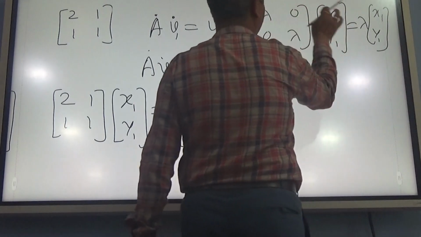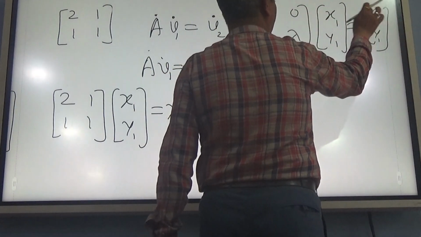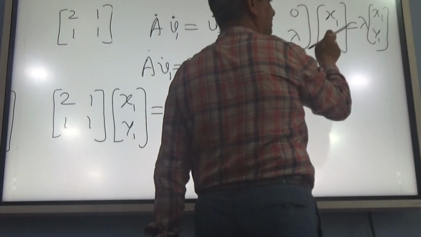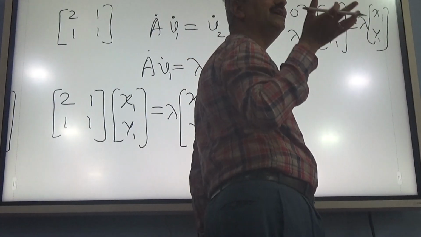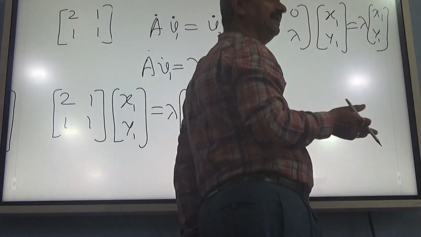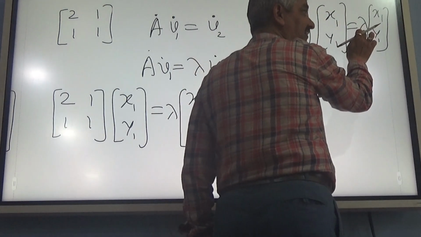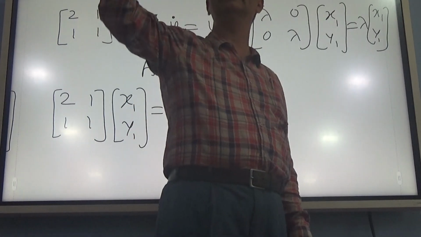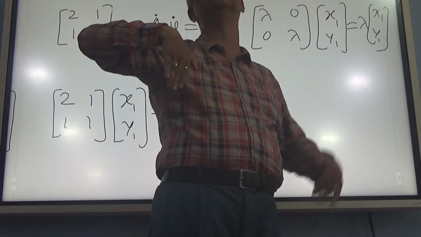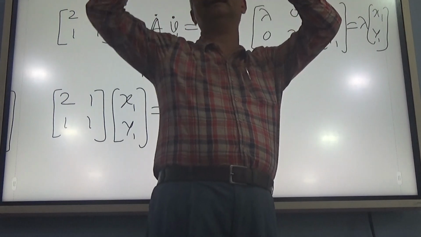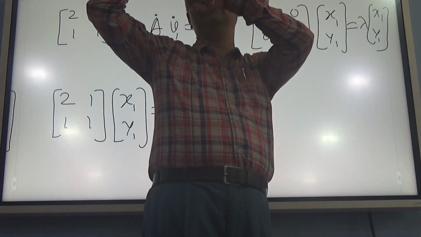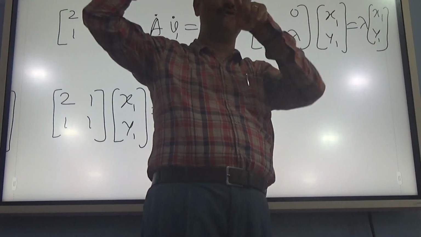Because straight away x2 is lambda x1 and next is 0 plus lambda y1, right? So I can replace a scalar multiplication of a vector by a diagonal matrix with its diagonal elements the same scalar, or vice versa.